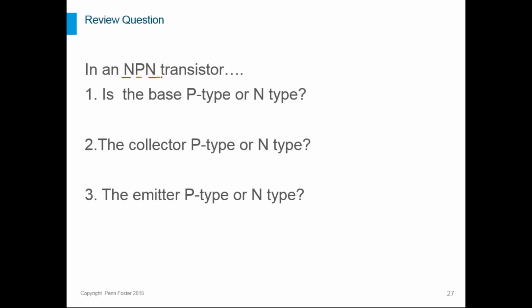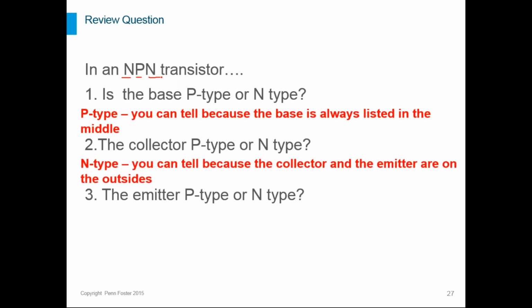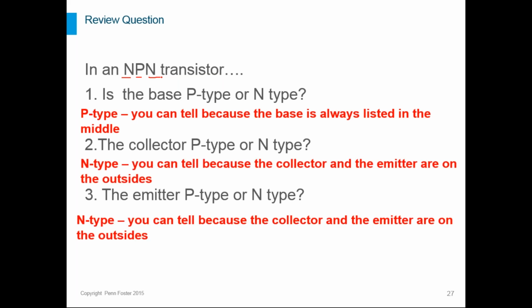So the first one that's easiest to answer is the base. The base is in the middle, so the P-type is the base. And that means the two on the outside are the N-type. So both the collector and the emitter are N-type material in an NPN transistor. And if we used the PNP transistor, it would be reversed.